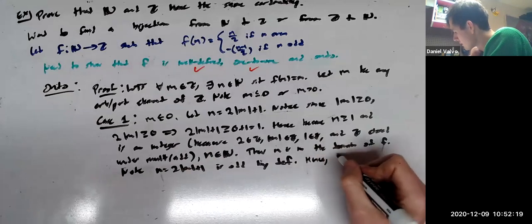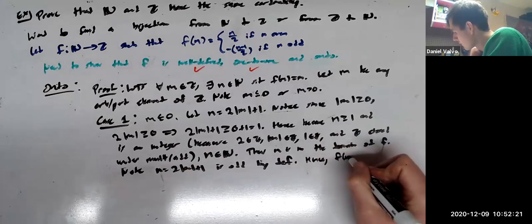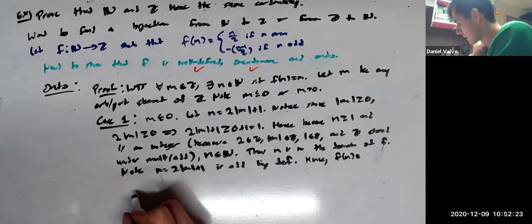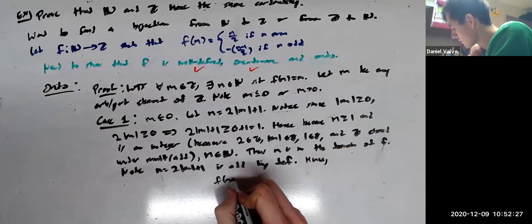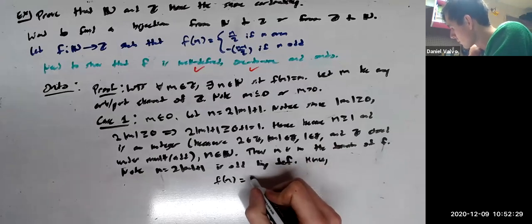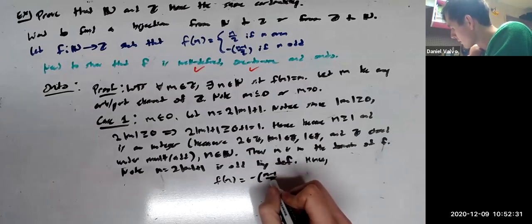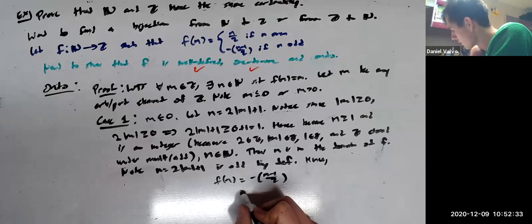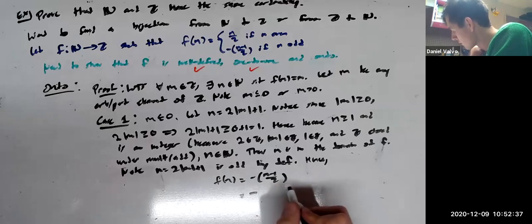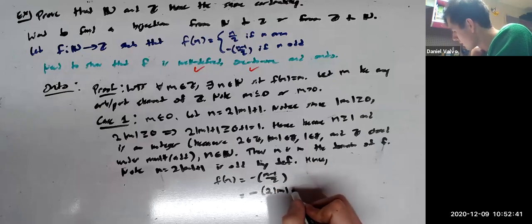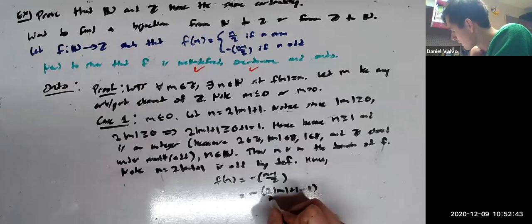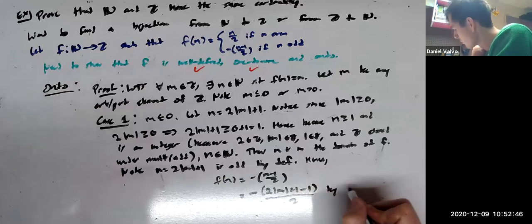Hence, f of n, we're going to use the bottom case, is going to equal negative n minus 1 over 2. Is going to equal negative 2 times the absolute value of m plus 1 minus 1 over 2 by substitution.